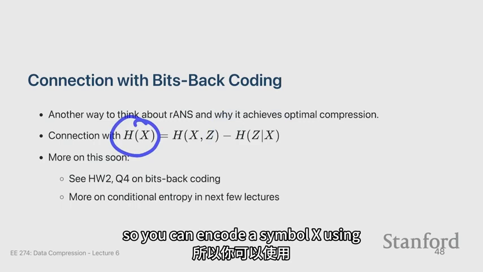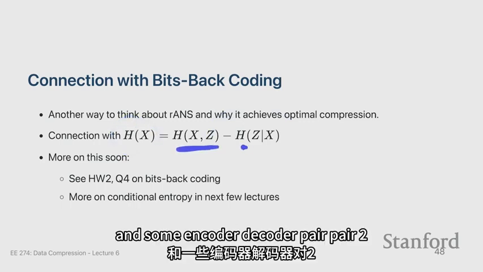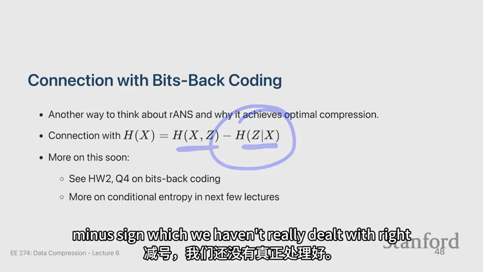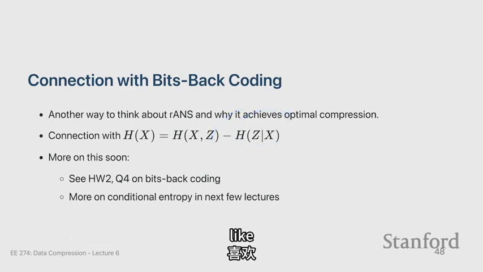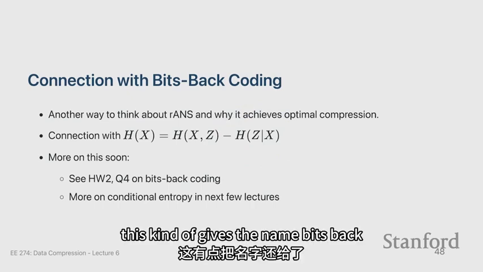You can encode a symbol X using some encoder decoder pair 1 and some encoder decoder pair 2, where you have some minus sign, which we haven't really dealt with. Everywhere we have been dealing with positive lengths, positive everything. This kind of gives the name bits back.